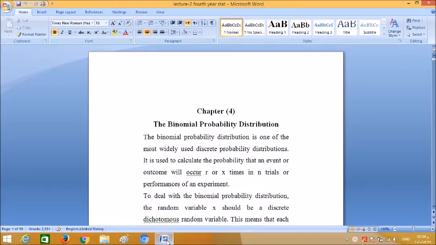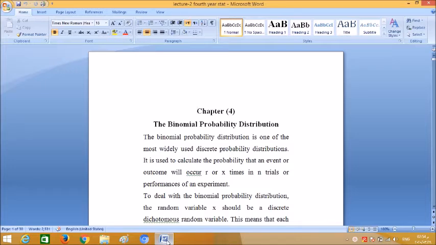My dear students, this is the second lecture of applied statistics. In the first lecture we explained the discrete probability distributions, and we said that we have three types of discrete probability distribution.